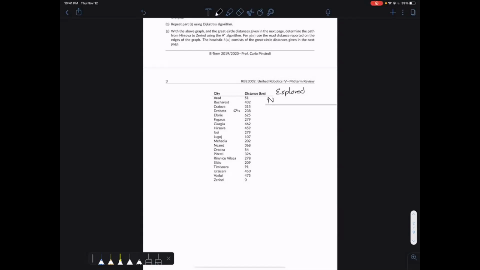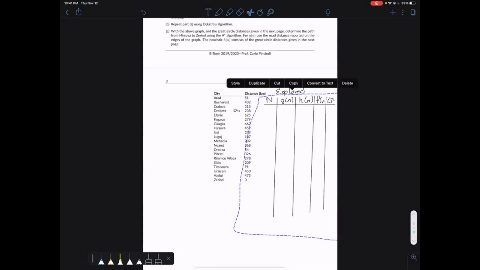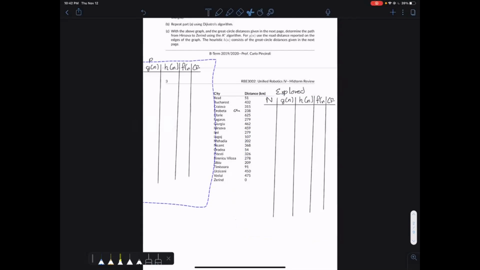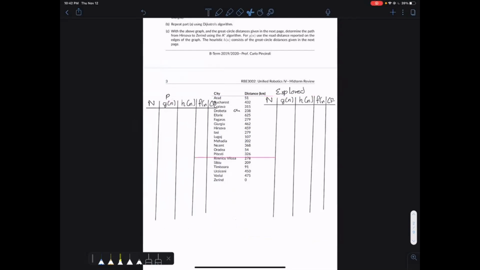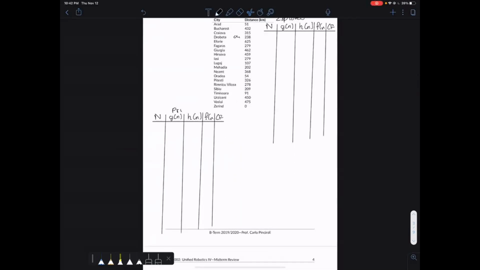So we're going to have our node name, our G of n function, our H of n function, our F of n function, and we're also going to have came from. I'm going to duplicate this, and this is going to be our priority queue.